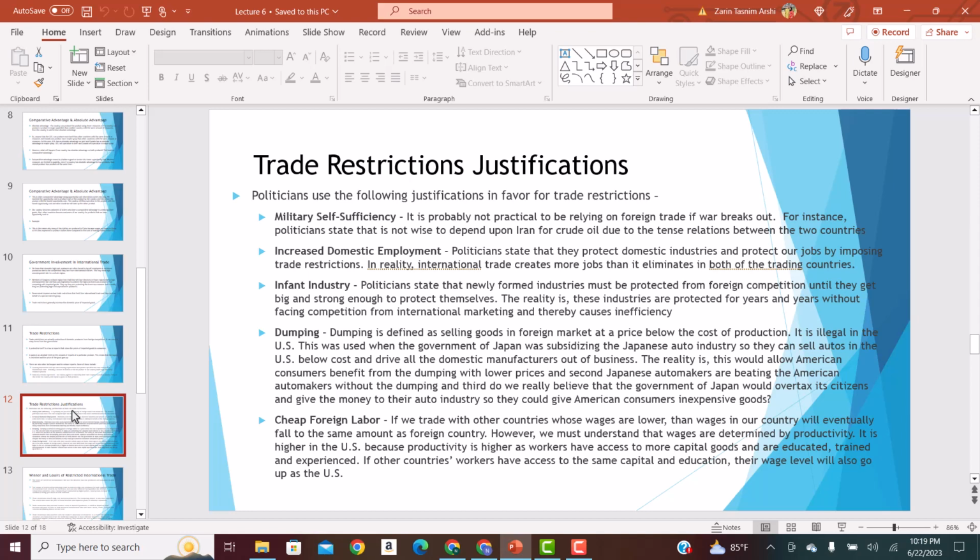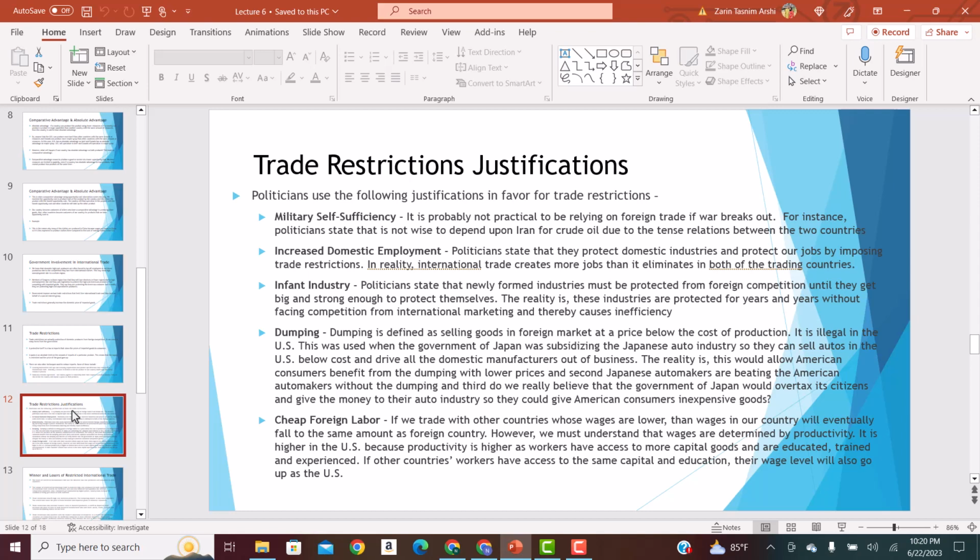Politicians say that we do not want to get dependent on one country for trade because it can be a problem if a war breaks out between the countries, then the economy of the country will be doomed. For instance, a politician states that we do not want to rely heavily on oil from Iran because we do not have a good relationship with Iran, and if a war may break out between the US and Iran, then we will have trouble getting oil from that country.